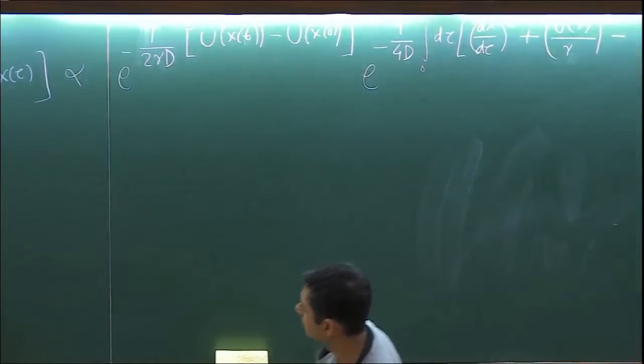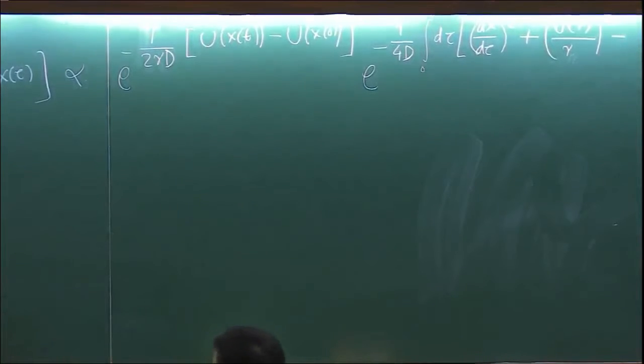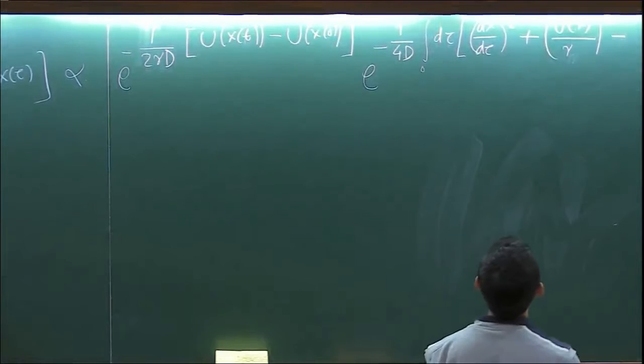Then this one comes with a minus, right? Since I have taken out 1 over 4d here, so this should be multiplied by 4d.